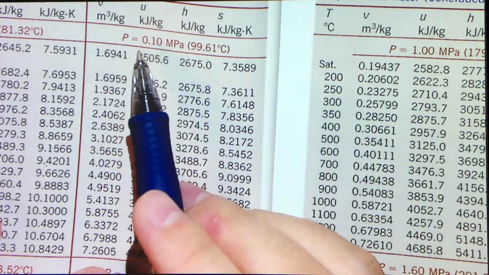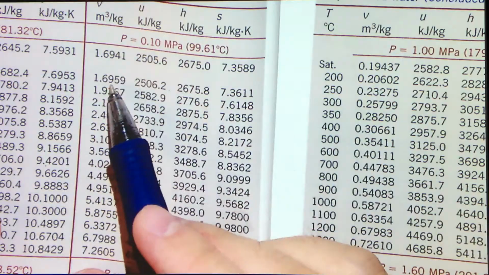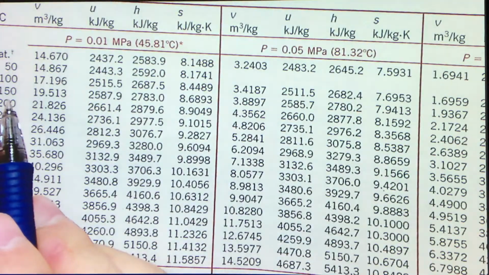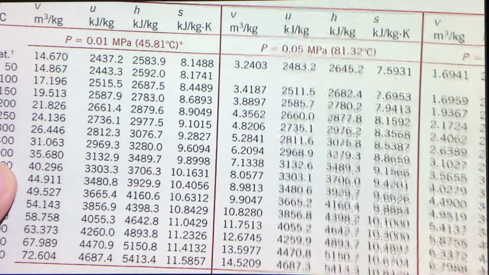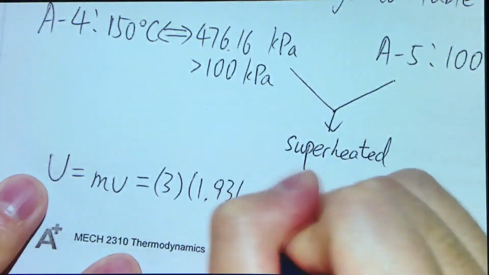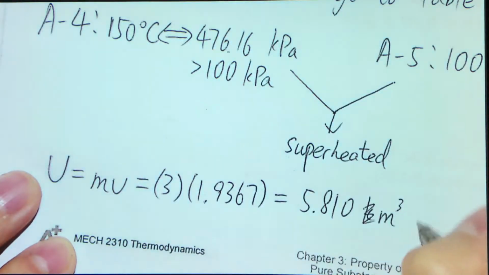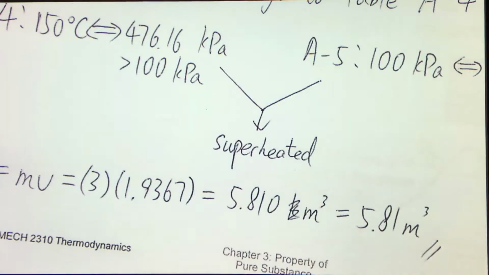The temperature is at 150, so this one is for 150, okay, 1.9367. So 3 times 1.9367 equals 5.810 m cubed, or 5.81 m cubed. So this is our answer.